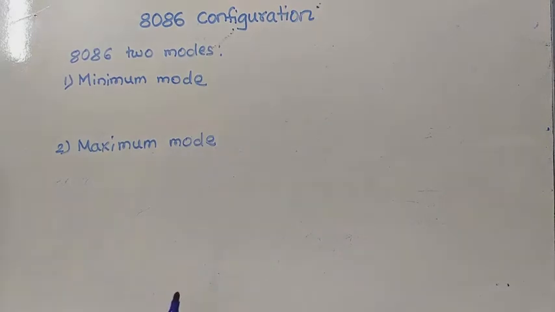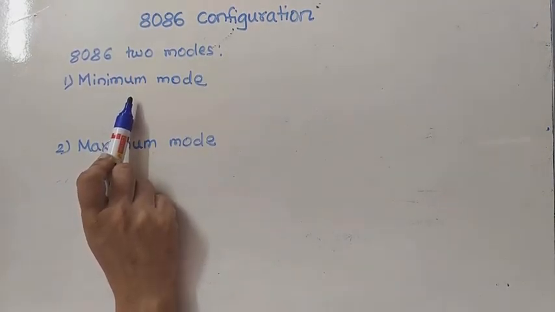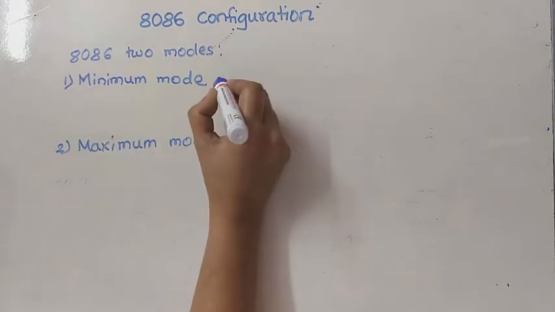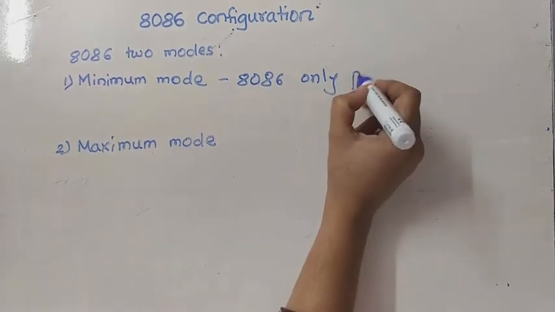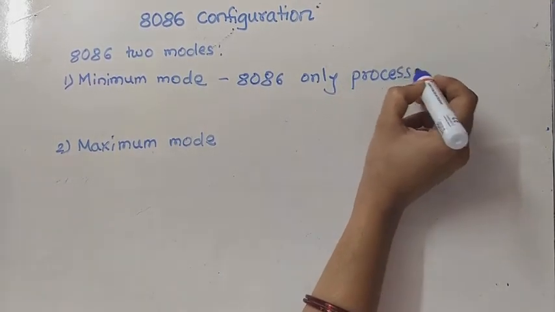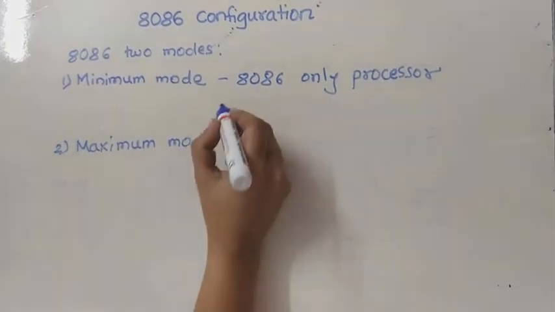Now what do you mean by minimum mode? In this minimum mode, 8086 is the only processor in the system, and this is also called a uniprocessor mode.